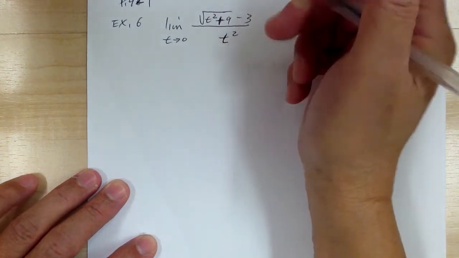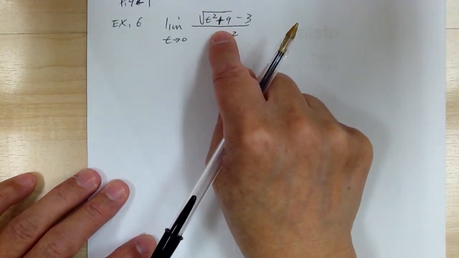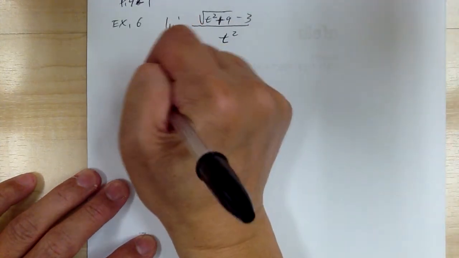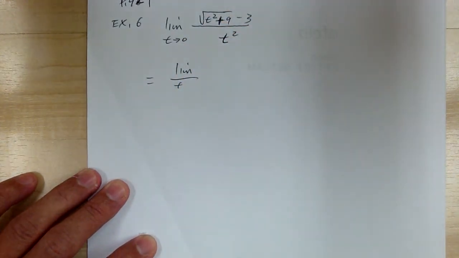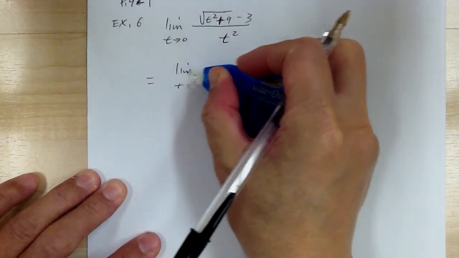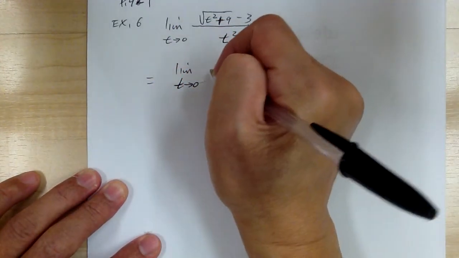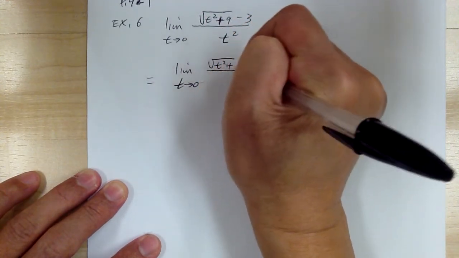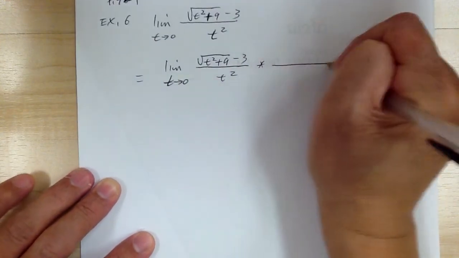So whenever you have the square root, one of the techniques is to multiply by the conjugate to get rid of the square root. So again, there are many techniques, right? So make sure you know all the techniques. So multiply by the conjugate.